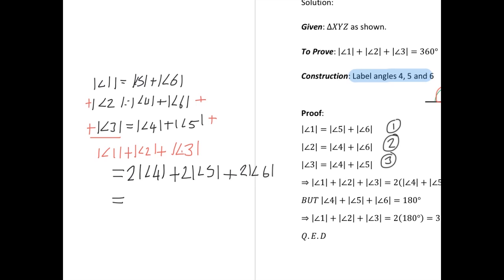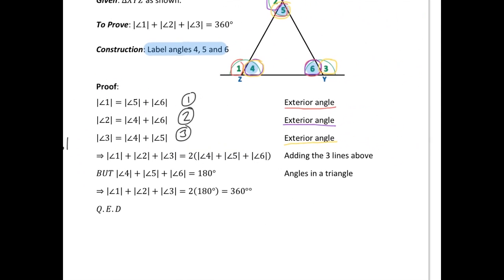Which is, if we take out 2 as a common factor, 2 times the angle 4 plus the angle 5 plus the angle 6, which is what we have written over here. That the angle 1 plus the angle 2 plus the angle 3 is equal to 2 times the angle 4 plus the angle 5 plus the angle 6.